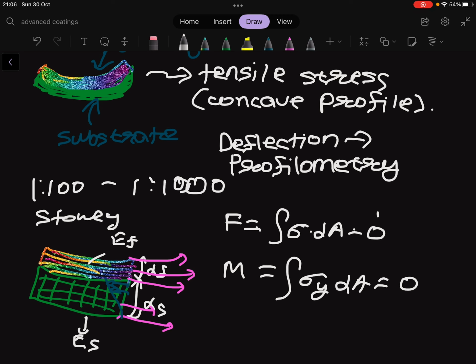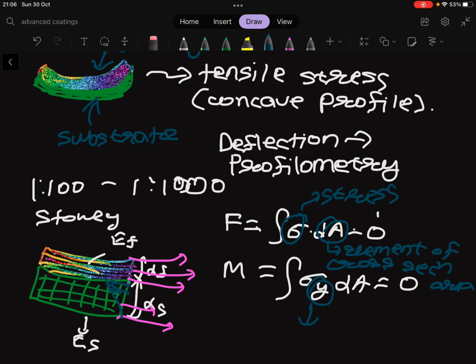Here sigma is the stress, dA is the element of cross-section area, and y is the distance from the chosen or reference axis.